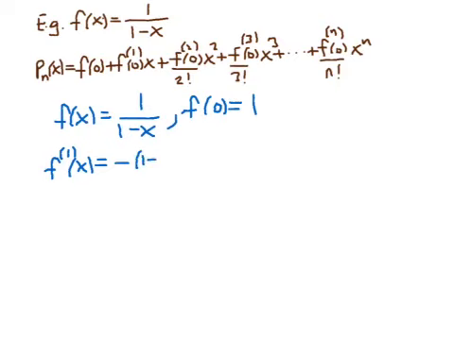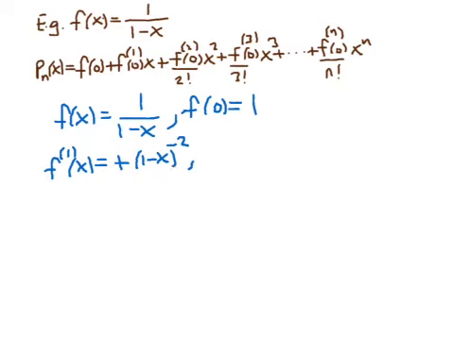I then have 1 minus x to the minus 2, and from the chain rule I need to multiply this by the derivative of 1 minus x. And the derivative of 1 minus x is a minus sign, and a minus times a minus gives us a plus sign here. So you may want to verify this step carefully with pencil and paper if you need to.